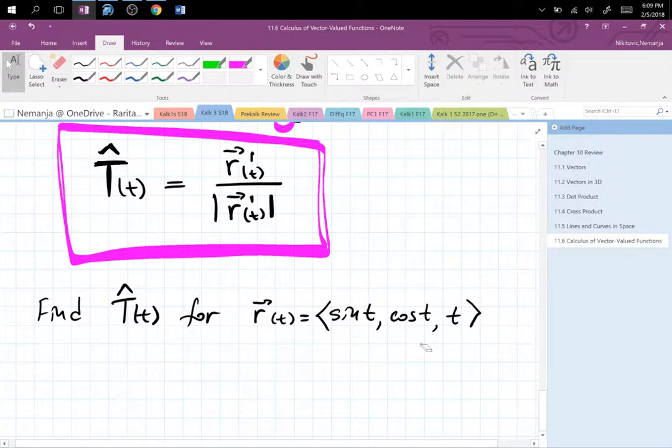Actually, let's do the 2D case first. Erase the t. Just do the 2D case first. As you can see, the formula up there doesn't care about the dimension, right? You can have that in 17-dimensional space. You just have 17 coordinates to work with. So let's find it first for the 2D.